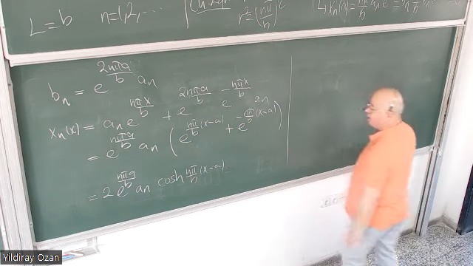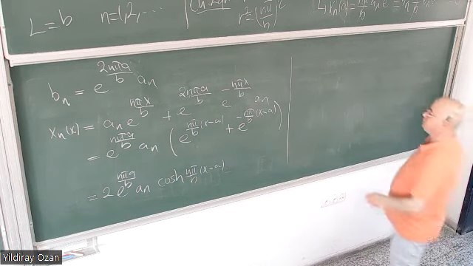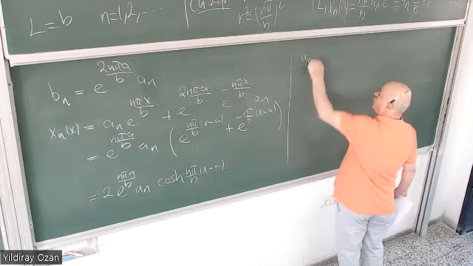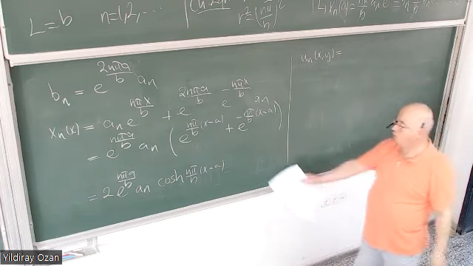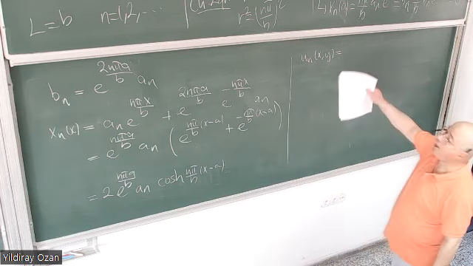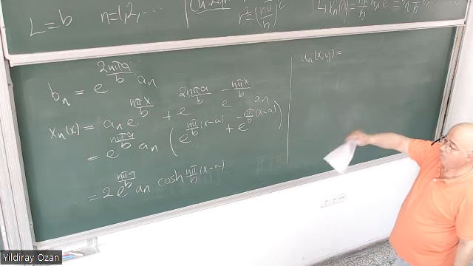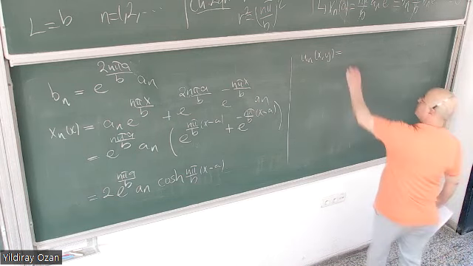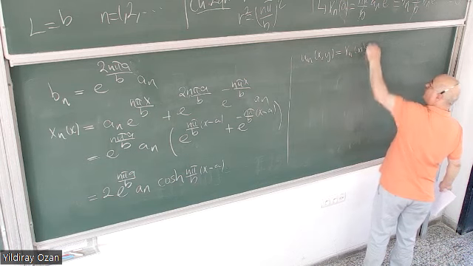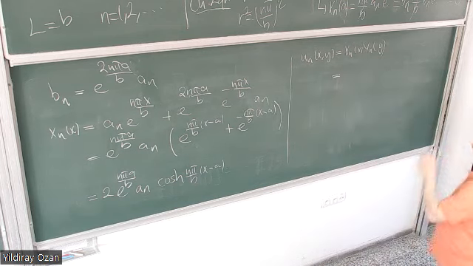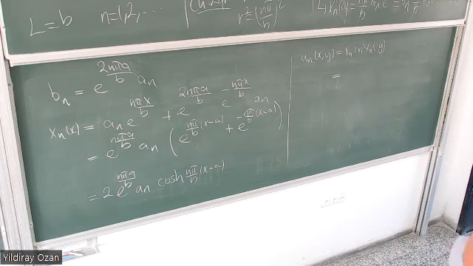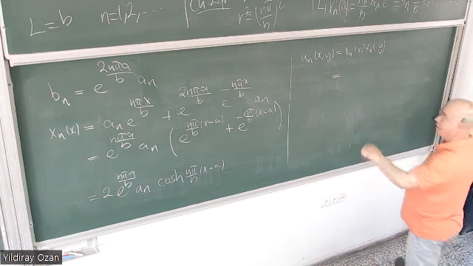O halde şey ne oldu? So un of xy is xn of x times yn of y. Yn neydi? Ha, şuydu. Xn de bu.